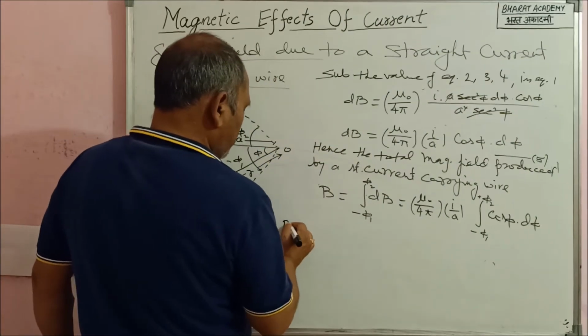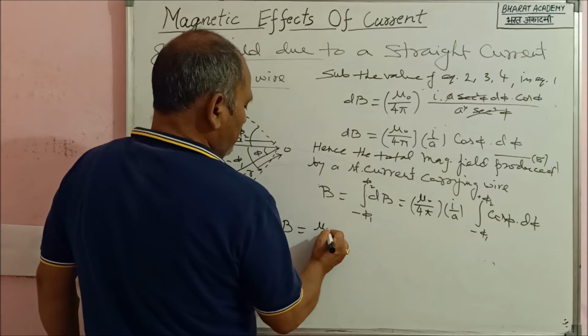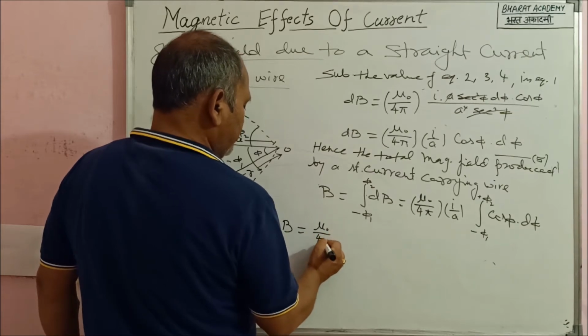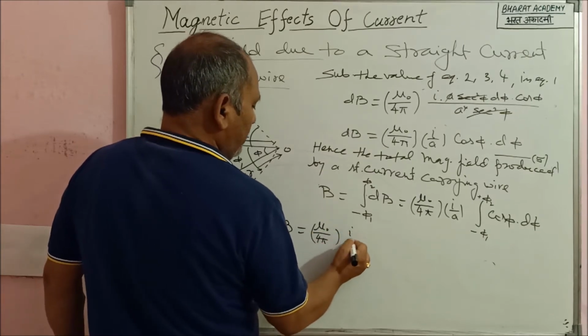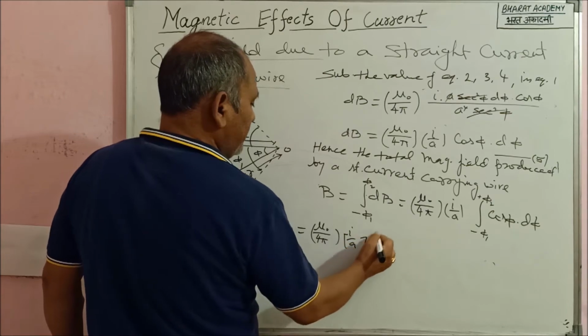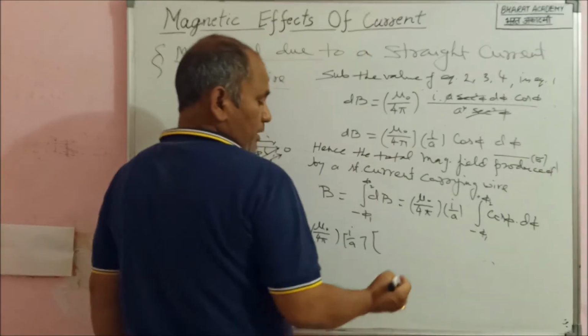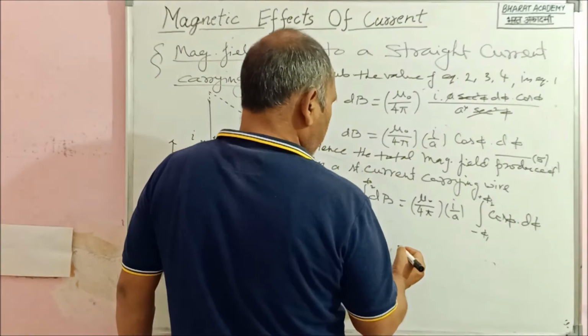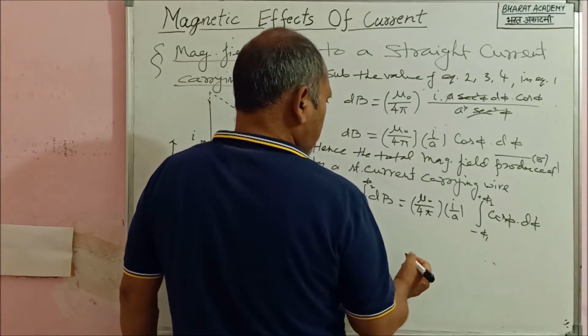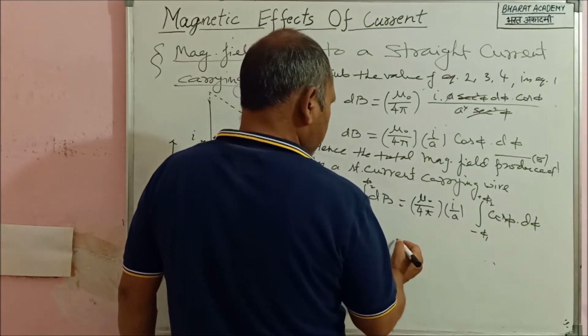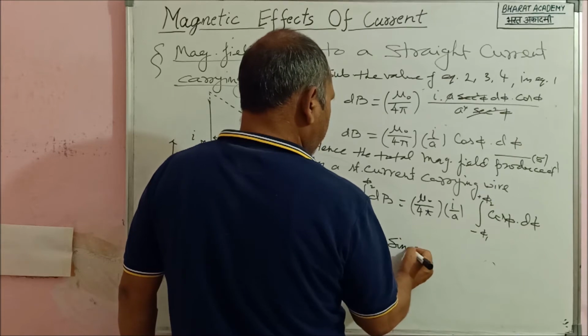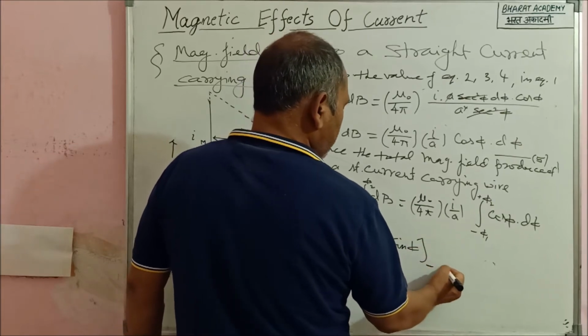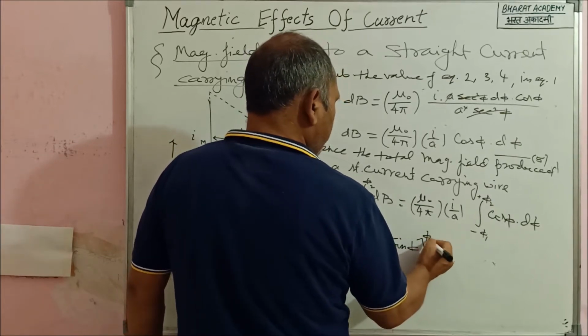So B comes out to be mu 0 by 4 pi I by A. You integrate it, integral of cos phi is what? You will get sin phi ranging from minus phi 1 to phi 2.